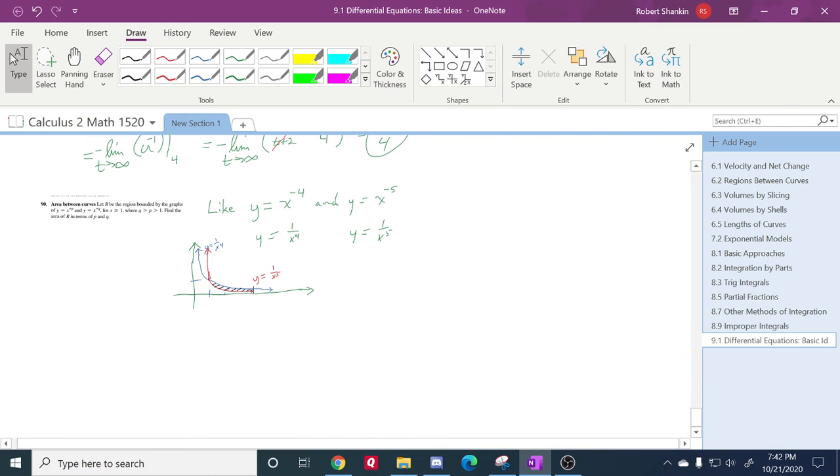So the area is equal to the integral from 1 to infinity along the x-axis. This was 1 here. And we need the upper curve minus the lower curve. Now the upper curve is the one like this: 1 over x to the 4th was the blue, that was the upper. And when you have a higher power in the denominator, it makes it even lower.